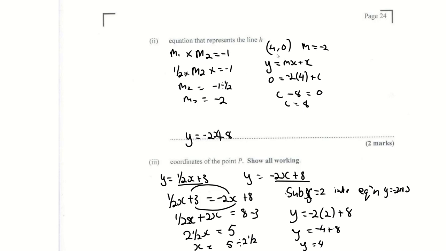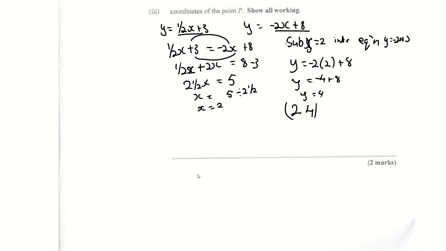Then we have one coordinate here, which is (4, 0). So we have one coordinate and the gradient. You substitute it into the equation y equals mx plus c. You calculate what c is. C is equal to 8. So my equation of my line will be y equals negative 2x plus 8. And that is it. Alright.